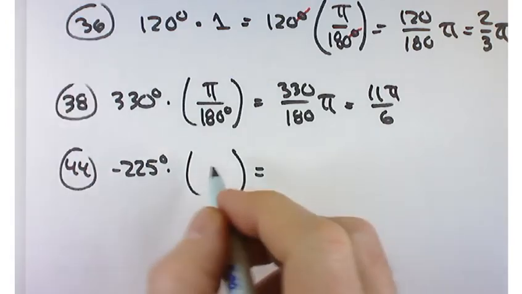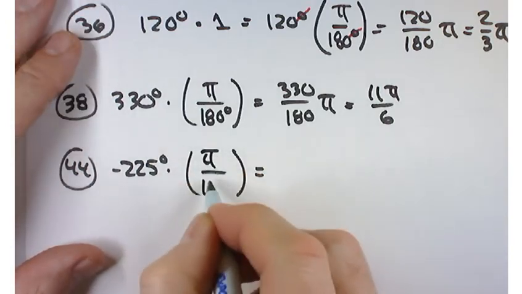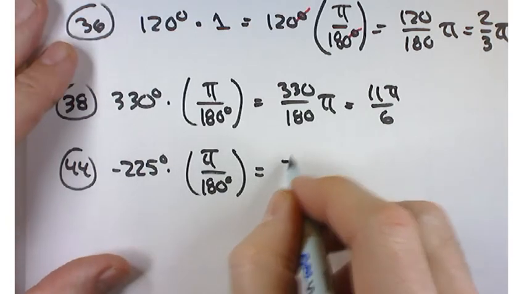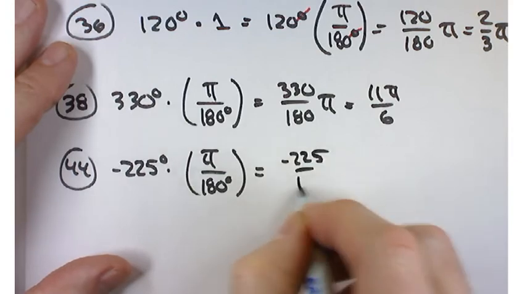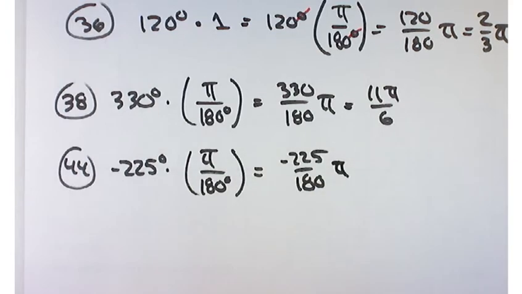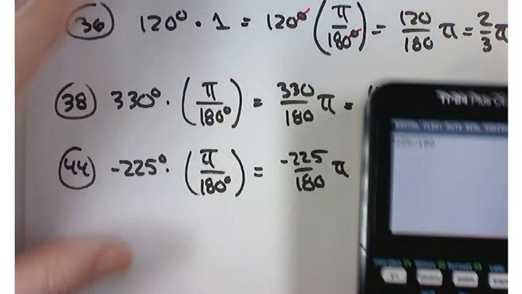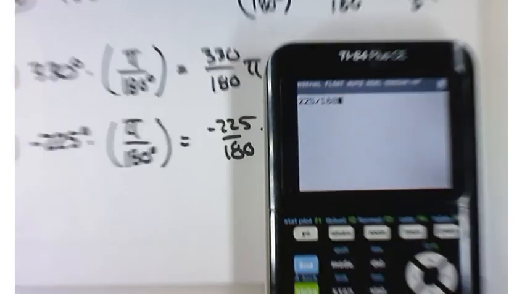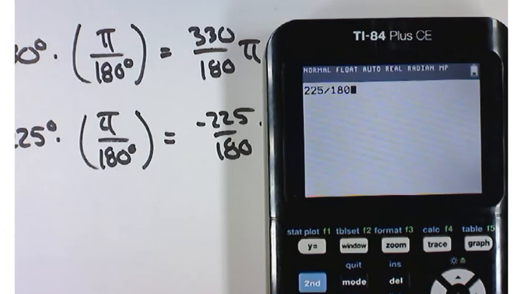Yeah. So I want to get rid of units of degrees. So I'm going to multiply by pi over 180. That's going to give me negative 225 over 180 times pi. We'll play the same game that I did last time. I'm going to put it in my calculator. I'm not going to bother with the negative. I know it's going to be negative.